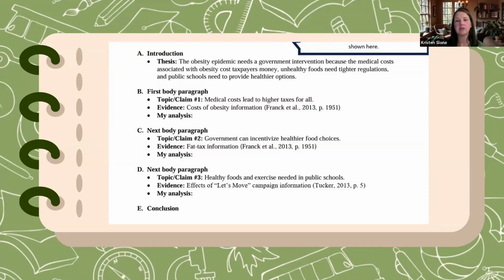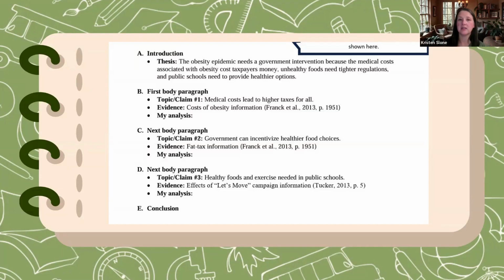So this particular outline, if you look at the thesis, it's an argument essay. So the obesity epidemic needs a government intervention because of these reasons. And then I go on in the body of my essay. In that first body paragraph, I'm going to address the first claim that I mentioned in my thesis statement, which in this case is that medical costs lead to higher taxes for all.